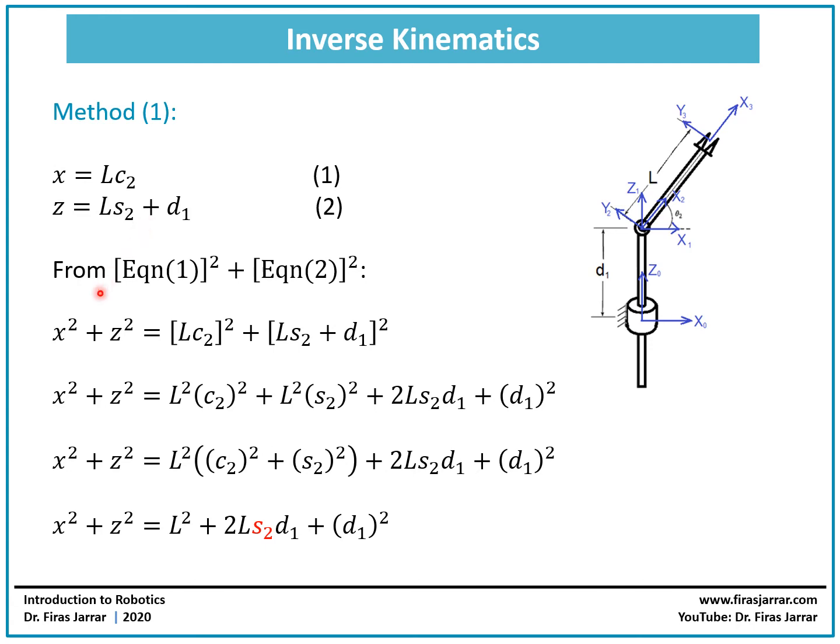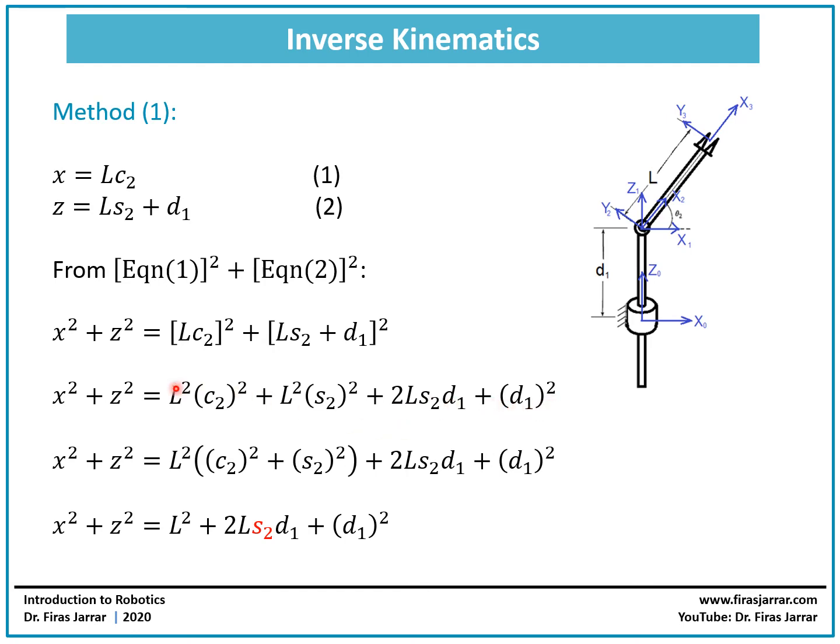To do this, I'm going to try to square each one of these two equations and then add them together. So we'll have X squared plus Z squared equal to L cosine theta 2 plus this term, whole term squared. So we'll have L squared cosine theta 2 squared plus L squared sine theta 2 squared plus 2 times L sine theta 2 D1 plus D1 squared.